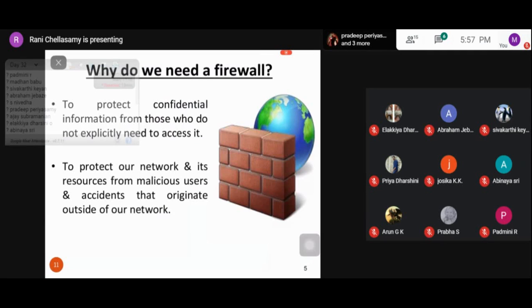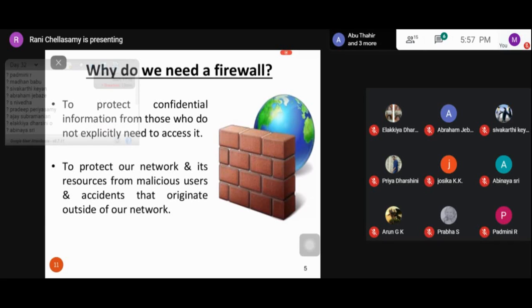So why do we need a firewall? The first and foremost important reason is that it protects the confidential information, providing security to the information from those who do not explicitly need to access it.